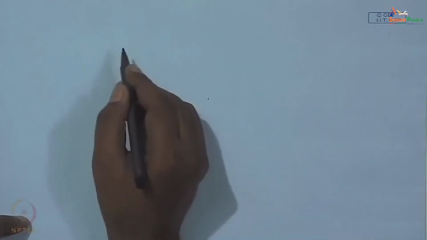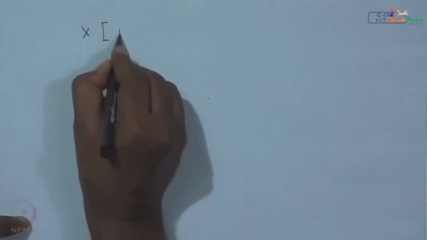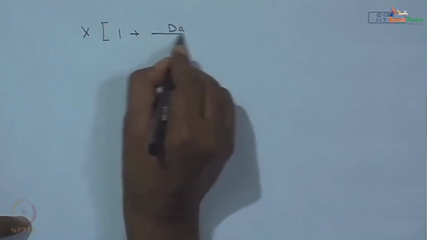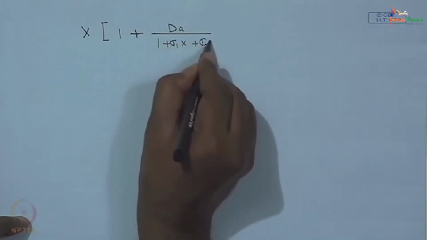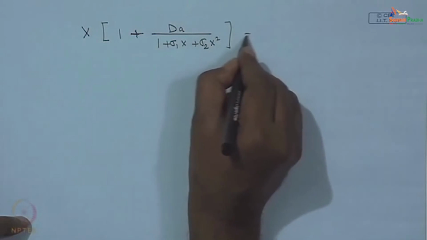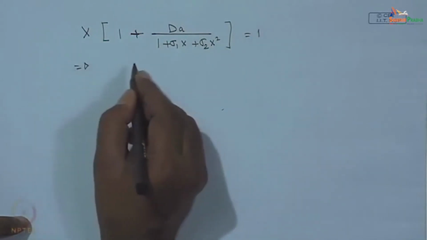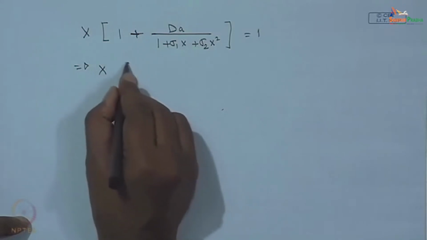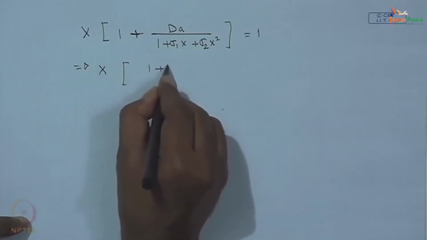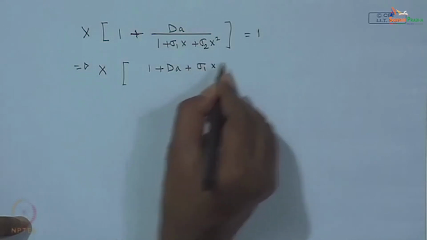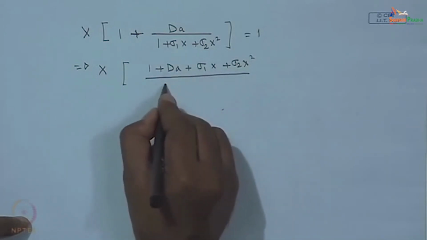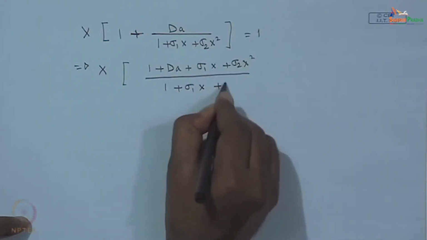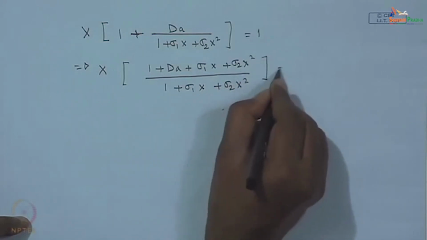So, like the previous problem, we rearrange that equation and we will be getting x times 1 plus Da plus sigma 1 x plus sigma 2 x square divided by 1 plus sigma 1 x plus sigma 2 x square, that should be equal to 1.